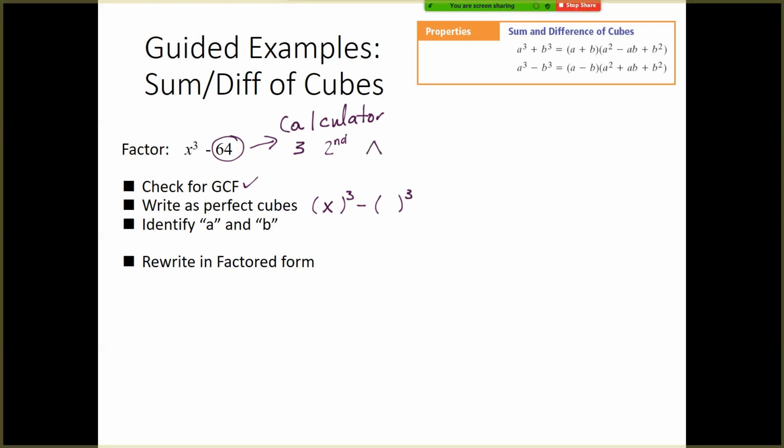Remember, your caret key is just your upside down V. That means your calculator currently says 3 and then adds a little x and then your root. So that's the cube root. And then we want to type 64 in. And then hit equals. So your calculator is telling you the cube root of 64 is indeed 4. So 4 cubed is 64.